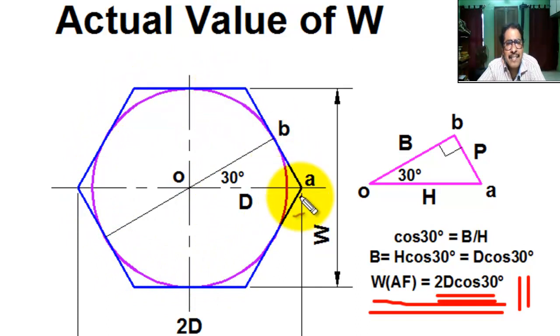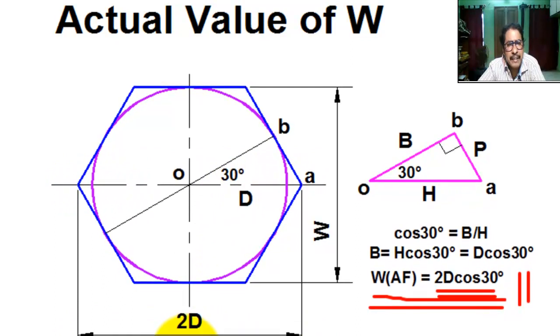If this is the circle, and this is the 6 sides, corner to corner, width across corner is 2d. Next, if we draw a line at 30 degree, then this will be 90 degree, this is 30 degree, and this is 60 degree.